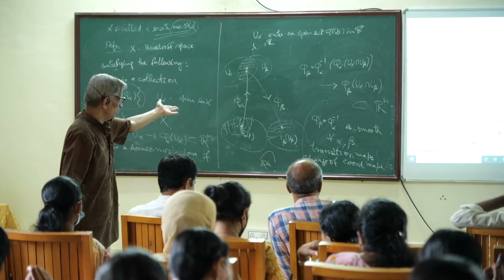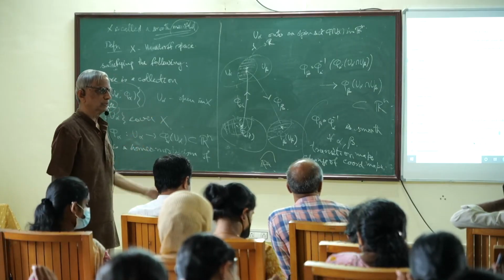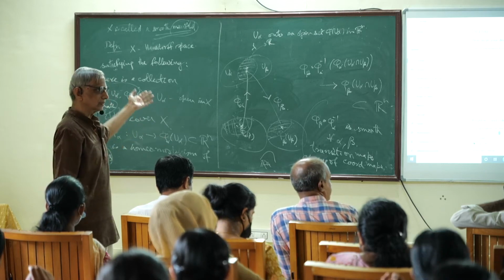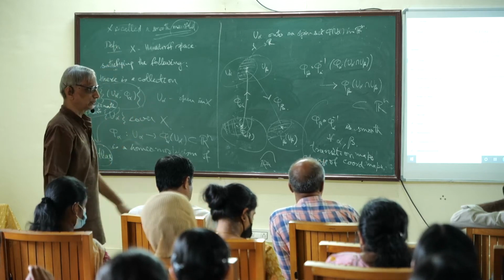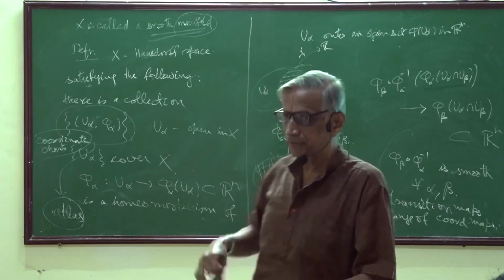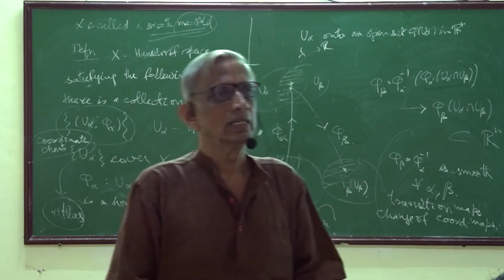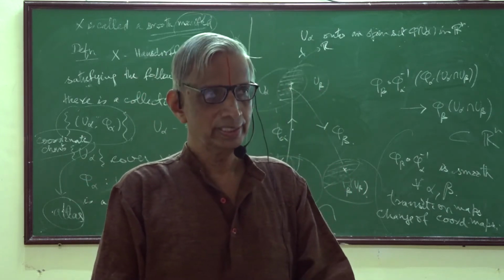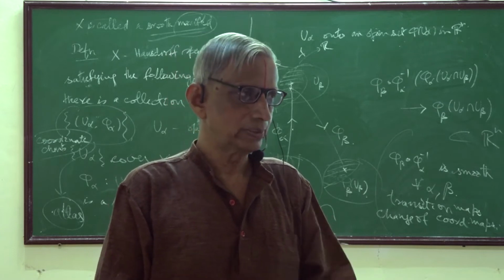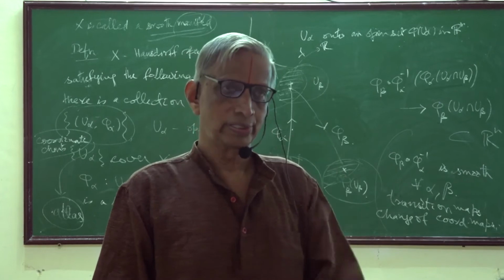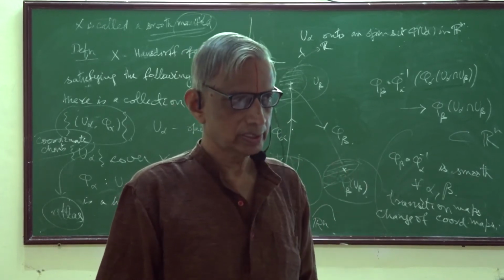Smooth because we are assuming that all the functions involved are smooth. If you are looking at maps which are C^k, then you call it a C^k manifold and so on. Anyway, it doesn't matter. So these manifolds are spaces on which we can talk of differentiability. So once you can talk of differentiability, you can try to develop some differential geometry on such spaces.